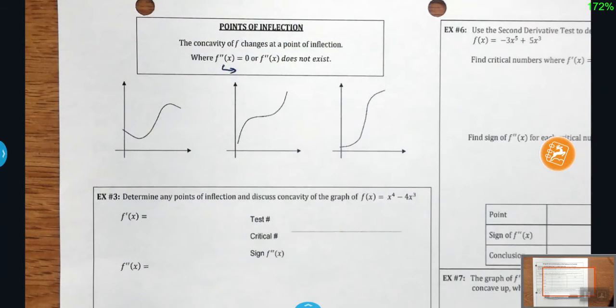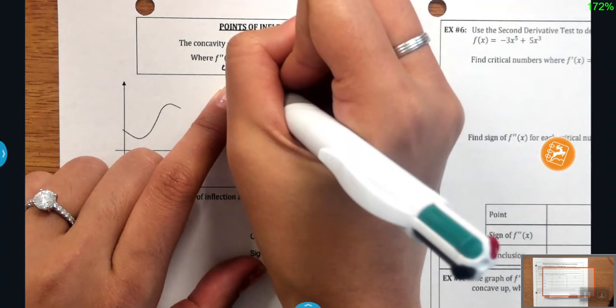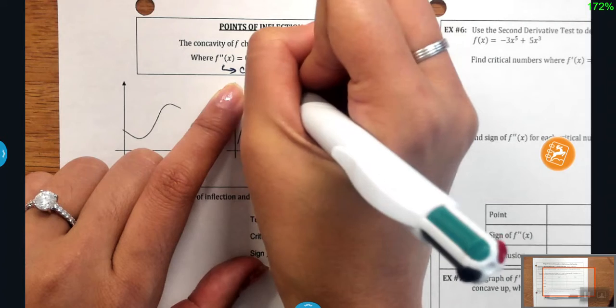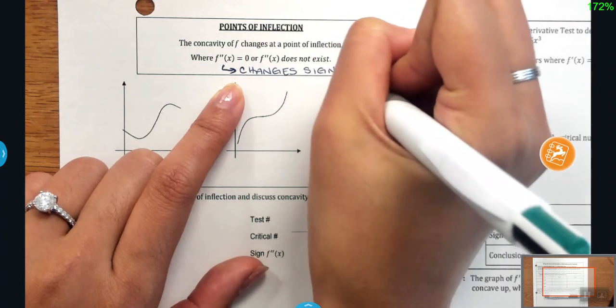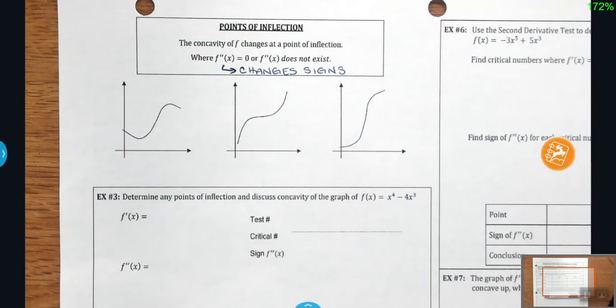I actually have to change concavity, right? I can't go concave up to concave up and be a point of inflection. So this has to change signs. If it doesn't change signs, then it's not necessarily a point of inflection.